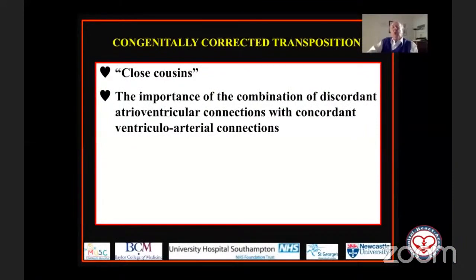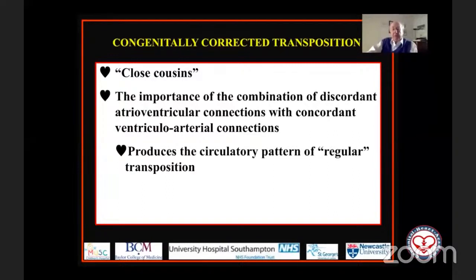I should mention one other close cousin before we finish. We don't have a heart of this type to show you, but the combination of discordant atrioventricular connections and concordant ventriculo-arterial connections is particularly important because that will produce the circulatory pattern of regular transposition. And it's important because surgical correction for this lesion will be by redirecting the atrial returns.